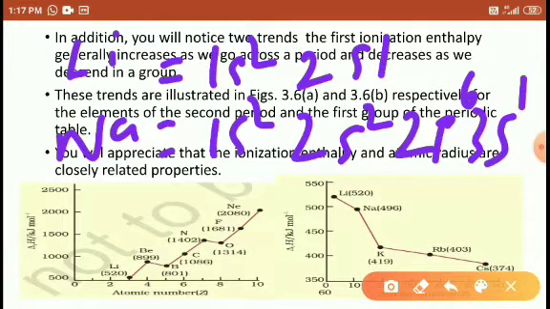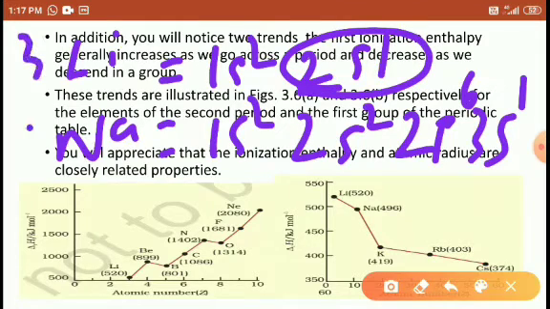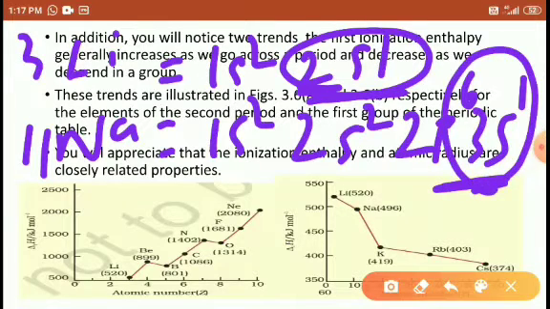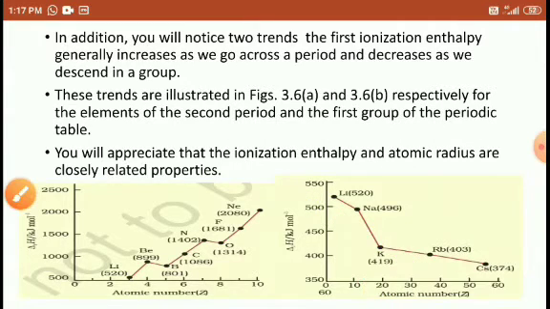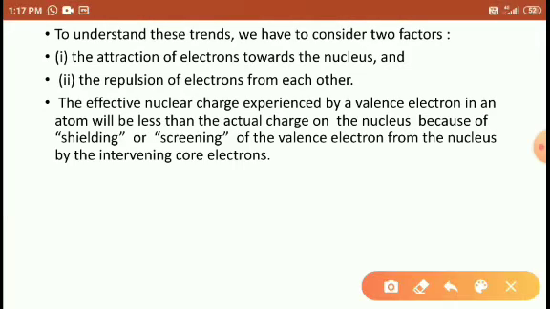Look at it, students. Here the atomic number increases from 3 to 11. The electron is in a different energy level: here the second energy level, here the third energy level. So that's why the atomic radius increases. As the atomic radius increases, the ionization enthalpy also becomes less.